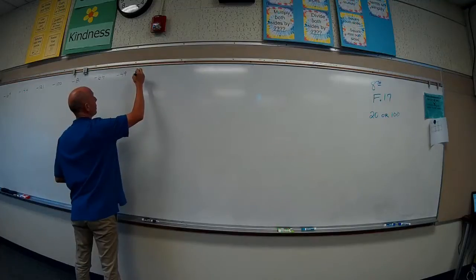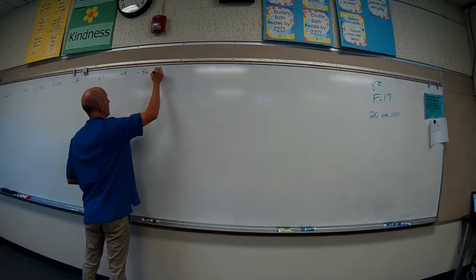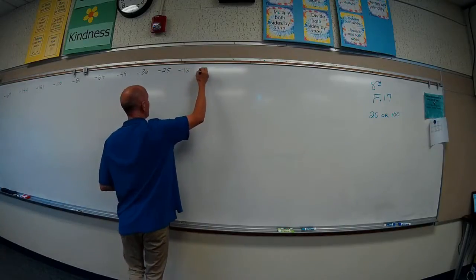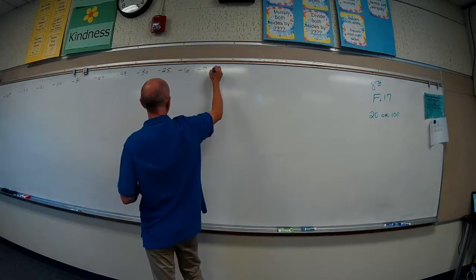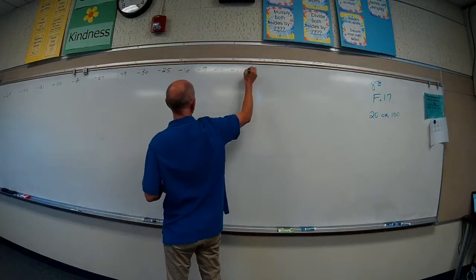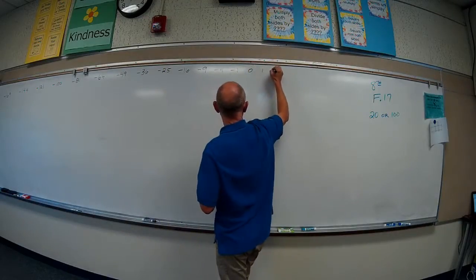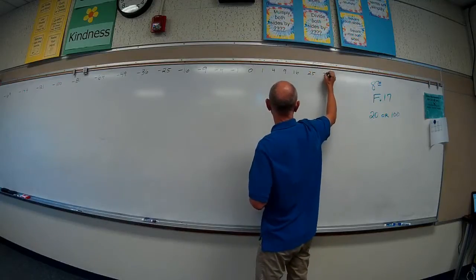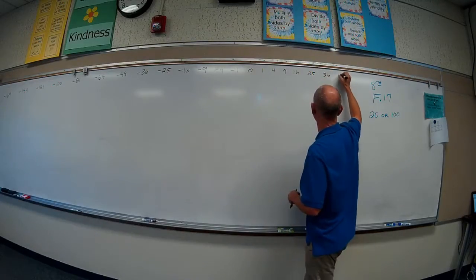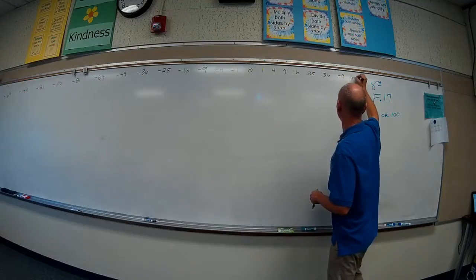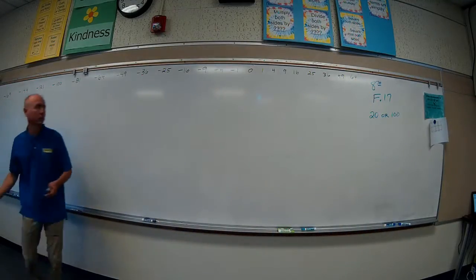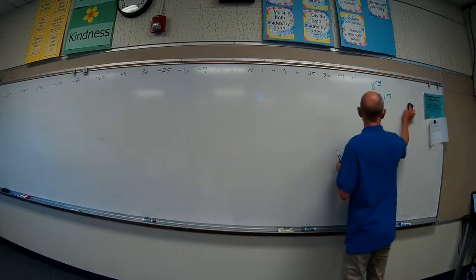I'm at negative 36, negative 25, negative 16, negative 9, negative 4, negative 1, 0, 1, 4, 9, 16, 25, 36, 49, 64. Can I skip something?